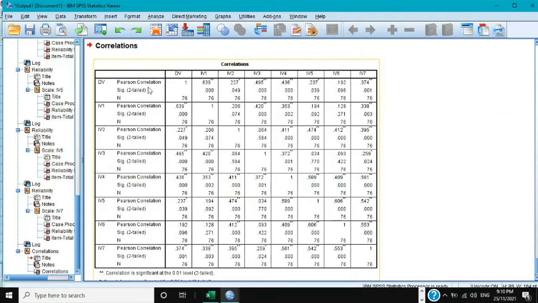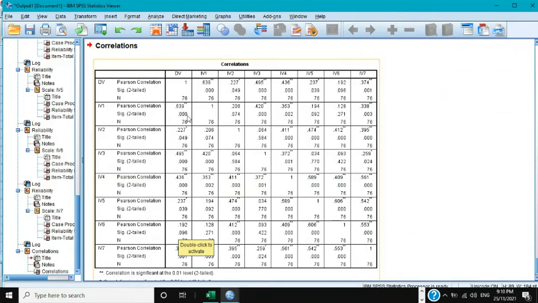You can read it horizontally from left to right, and also vertically from top to the bottom. When you talk about DV, this is your DV and your IV1, because you want to know whether there is any relationship between your IV1 and DV. If you look at this table, this is your Pearson correlation figure, that is 0.639, and this is the significance value of 0.000.